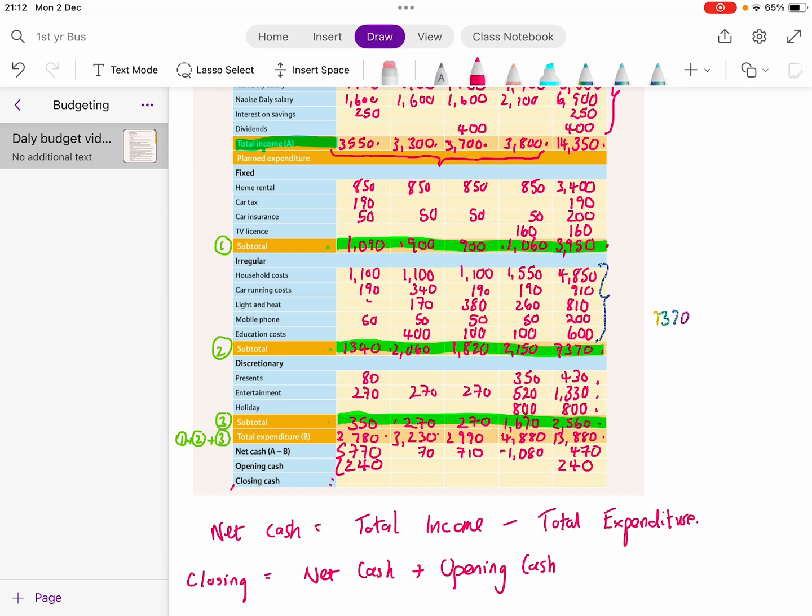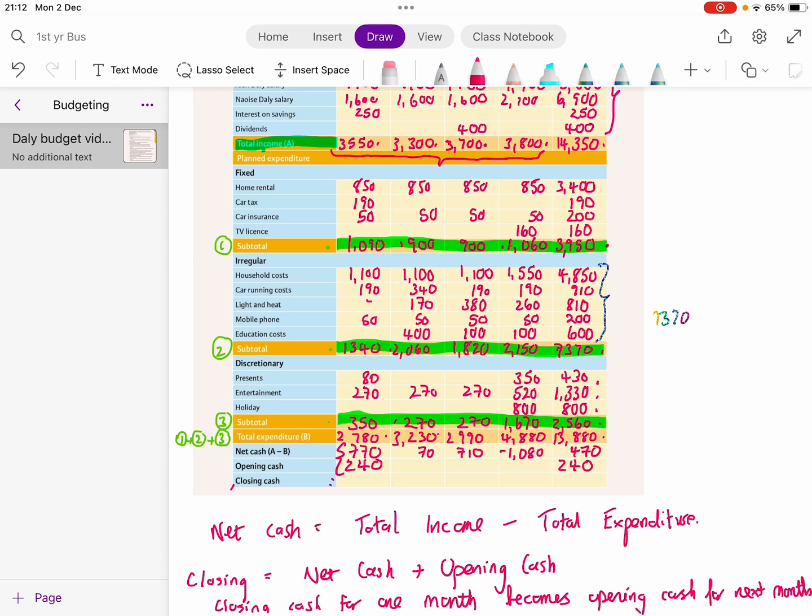And then closing cash for 1 month becomes opening cash for the next month.